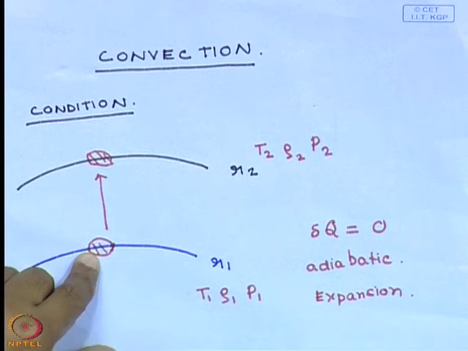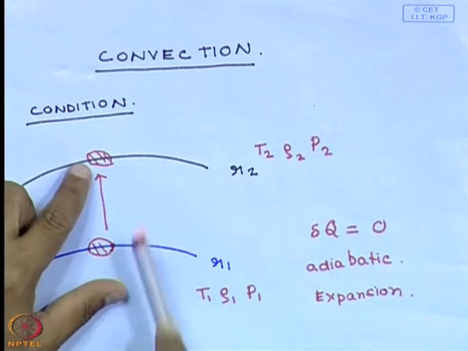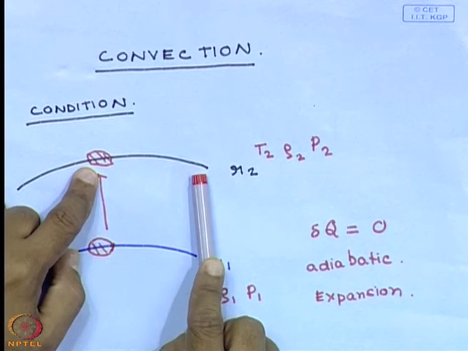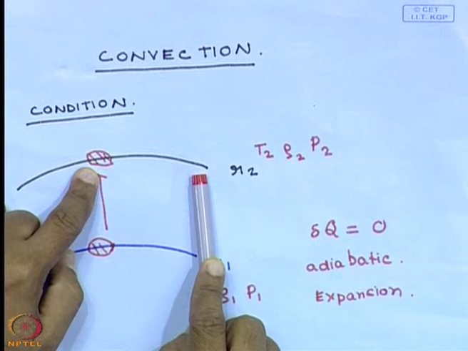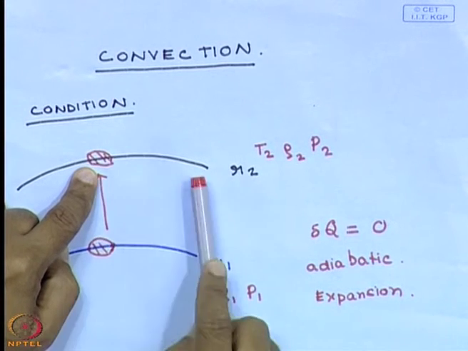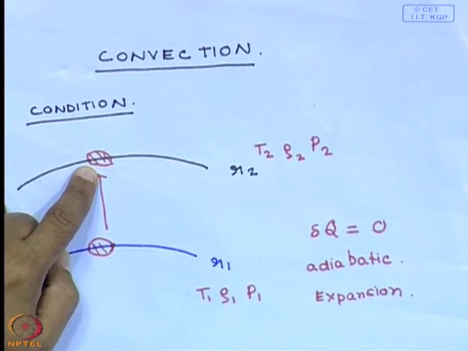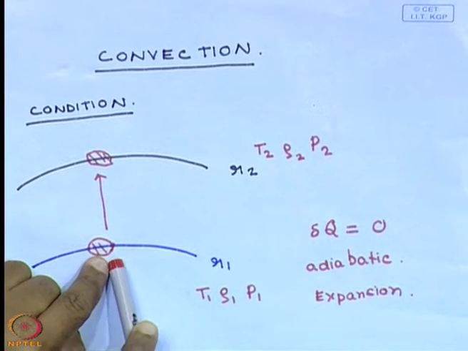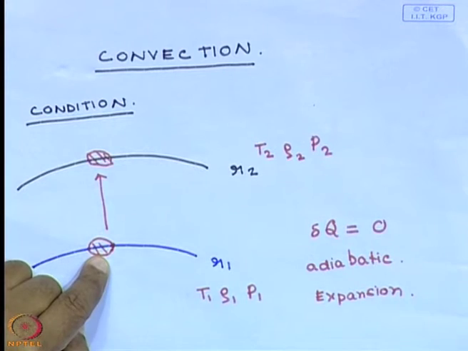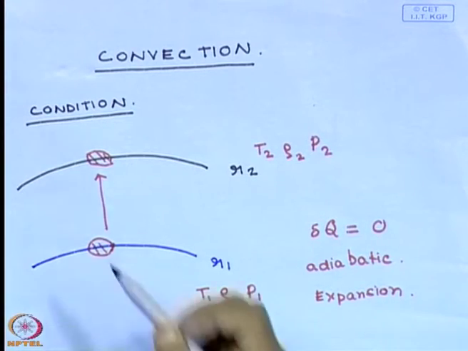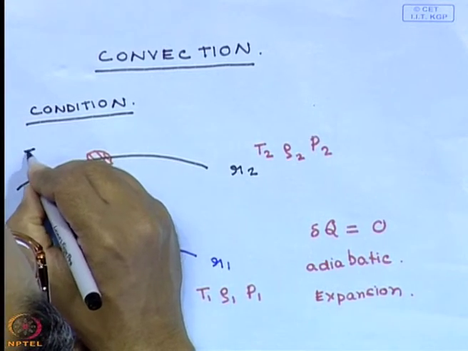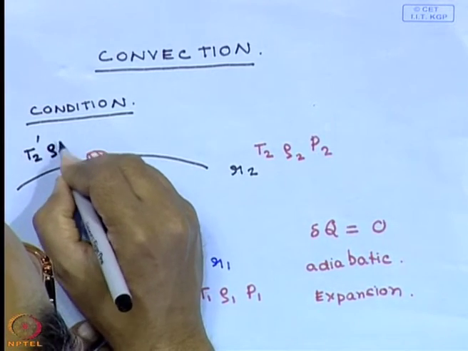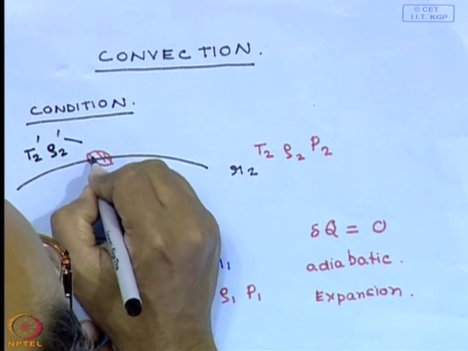Now, the main question is: is it cooler than the surrounding, or is it hotter than the surrounding? That is the main question. The bubble is going to cool compared to T1 when I move it from here to here, and it is going to come to another temperature, let us call that T2 prime, and it will have a density rho 2 prime, where these pertain to the bubble.